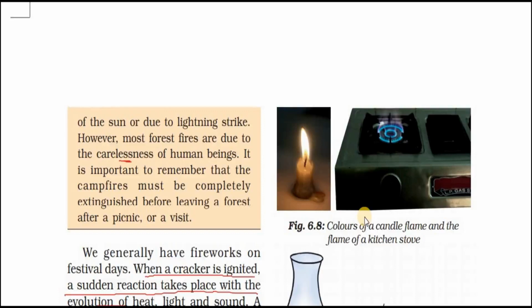A rule of thumb you should always know is that the blue flame is the hottest. Then will come a white flame, then will come a yellow flame, and then will come a red flame.